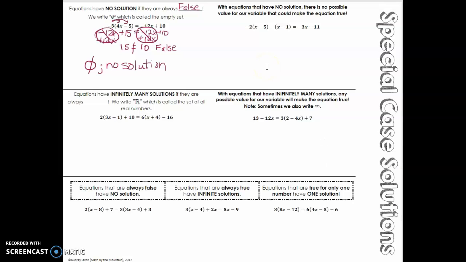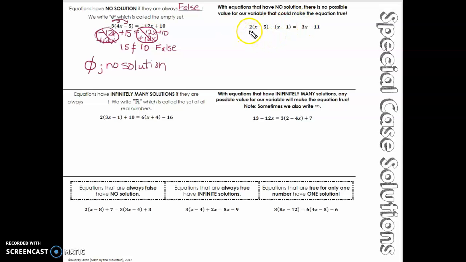So with equations that have no solution, there is no possible value for our variable that could make the equation true. Because they cancel out, I no longer have a variable. And that means if this is false, then no matter what number I put in there, it's not going to be a true statement. It's always going to be false.